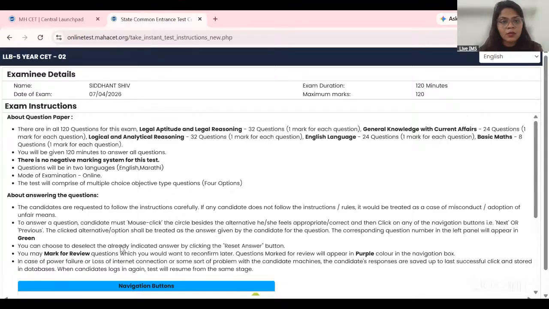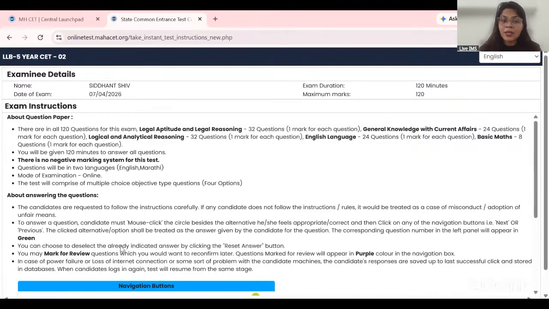And here, one thing I would like to highlight is please do not skip reading the exam instructions. Exam instructions are very, very important for all of us. Why? Because they give you clarity about whether there is negative marking or not, and whether there is any change in instructions or not.